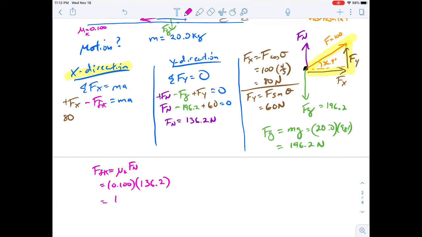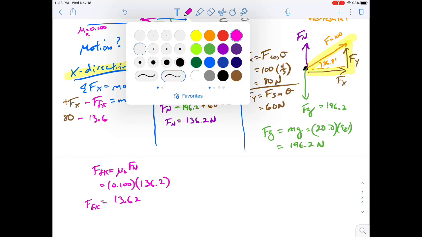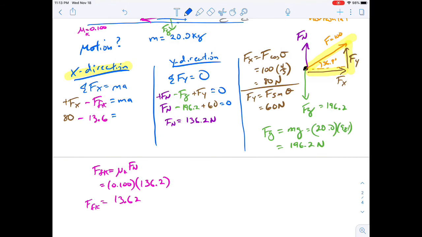And so this, if I multiply it out, is 13.62, or 13.6. All right, so the frictional force is not that tremendous here because I have a very low mu. And we said the mass was 20. Acceleration. So when I subtract these, then that's what, 66.4.